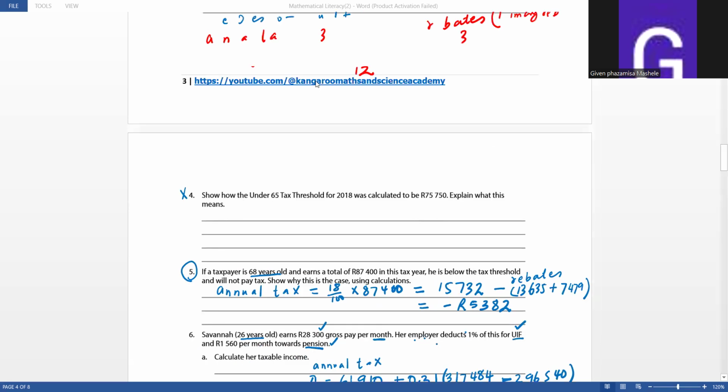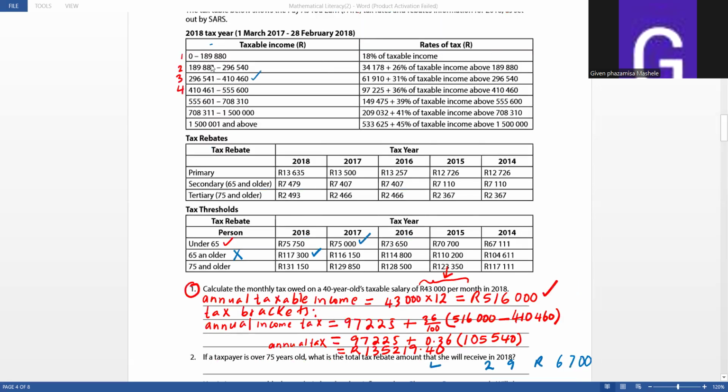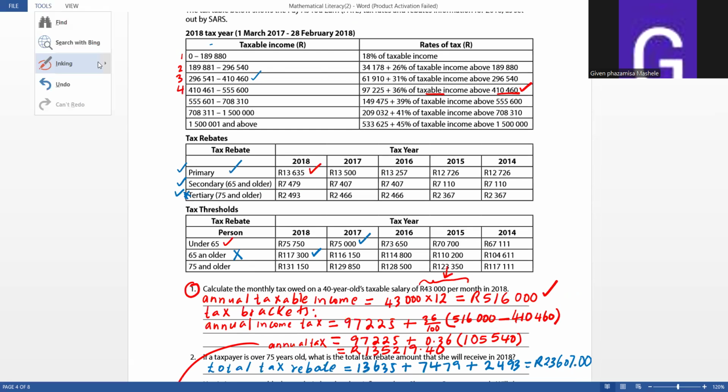Let's look at the bracket. It will be in the first bracket, which is between 0 and 189,880. So let's now calculate the 18% of that 75,750.